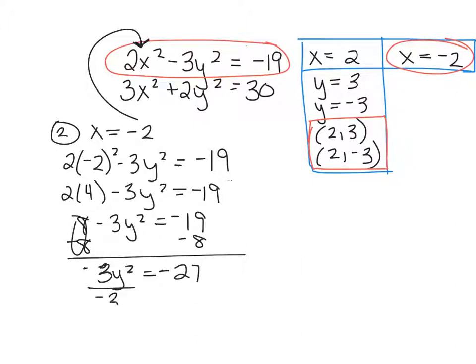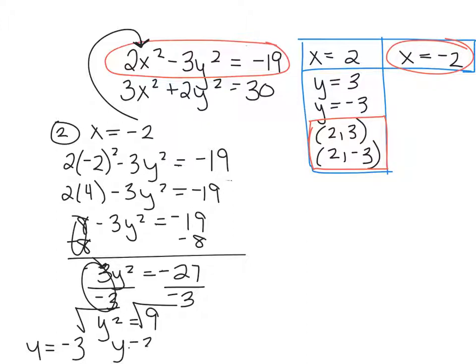We'll divide both sides by negative 3. And we get y squared equals a positive 9. Again, you'll take the square root of both sides and you get y equals negative 3 and y equals positive 3.